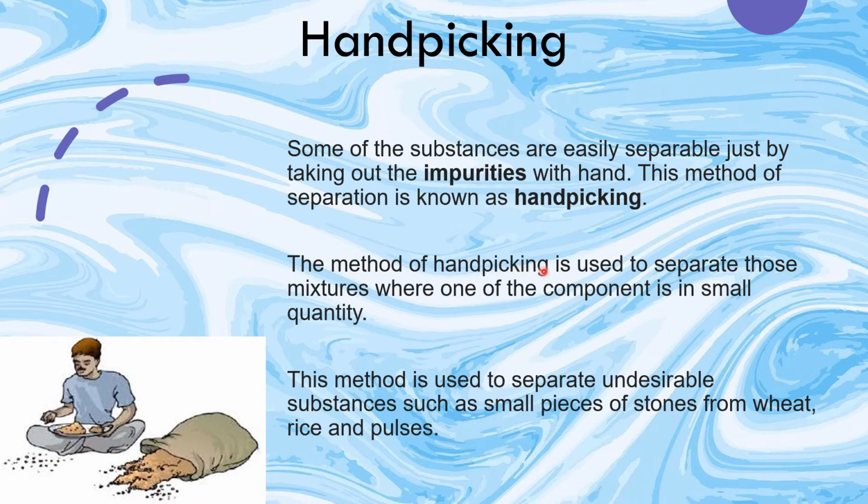The method of hand picking is used to separate mixtures where one of the components is in small quantity. If there are lots of things like this bag, we cannot separate them by hand like this. We will take a small portion of it on a plate or a utensil, and then separate it.